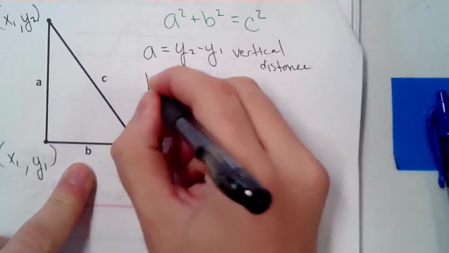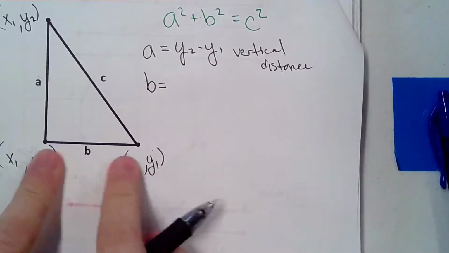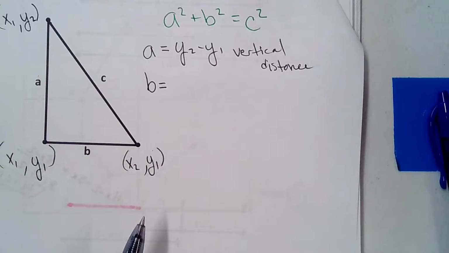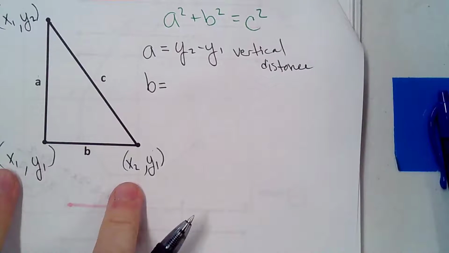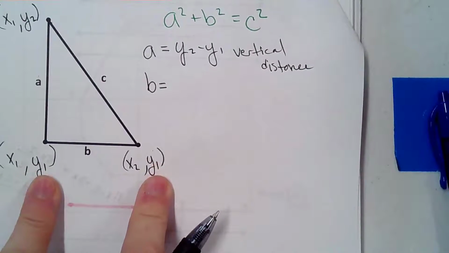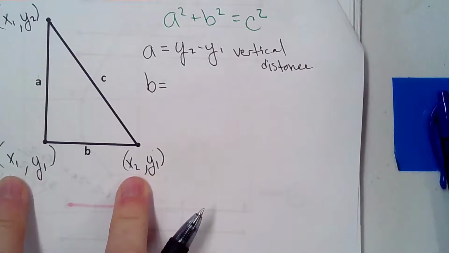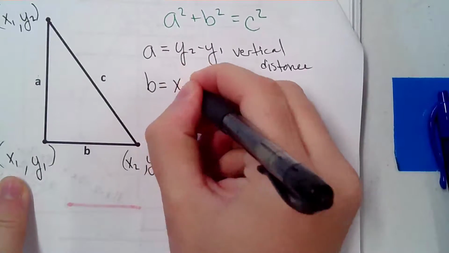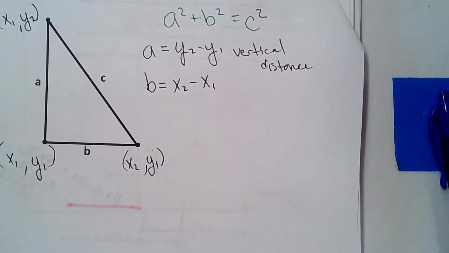B, on the other hand. If we want to know how long B is, we need to figure out its distance, right? Distance is what? Subtraction. So we're going to subtract the x's and the y's. Notice if we subtract y1 from y1, we get 0, right? Any number minus itself is 0. What's x2 minus x1? Well, that's what stays, because that doesn't become 0.